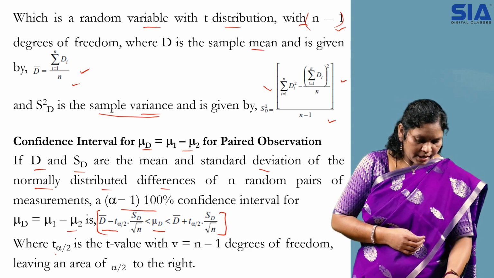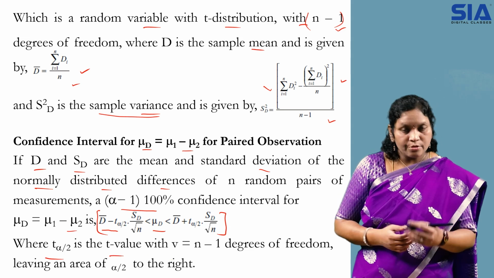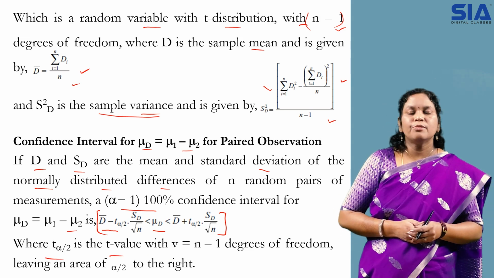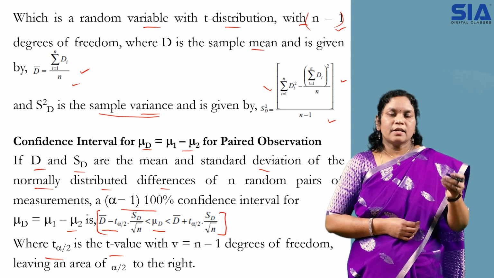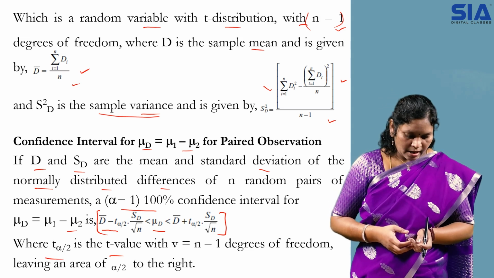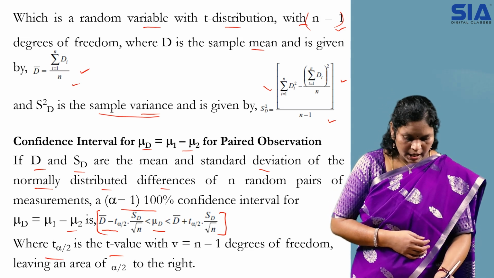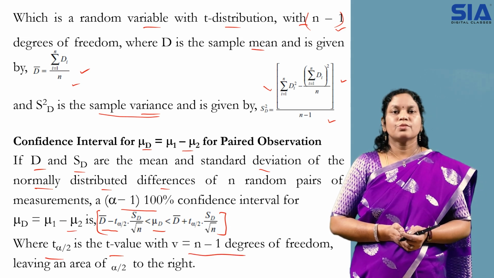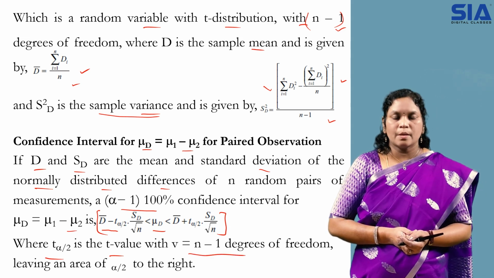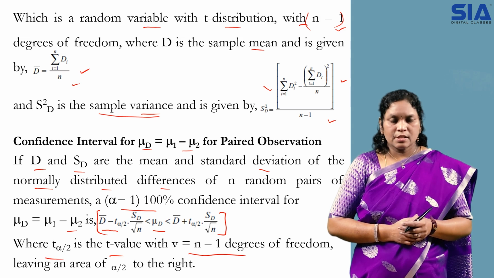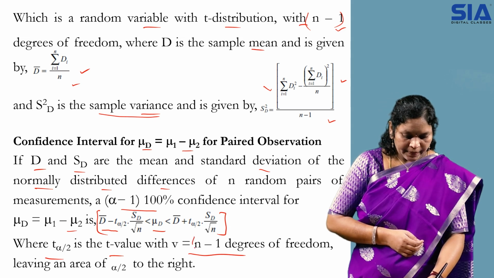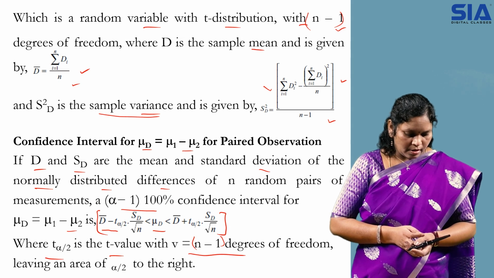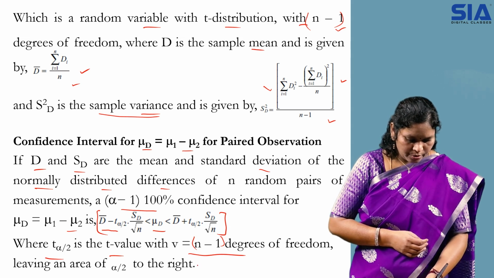Next, t alpha by 2 is the t value, that is our critical value based on the data we consider. So t alpha by 2 is a table value we can look up, with v equal to n minus 1 degrees of freedom. Yes, we have degrees of freedom also for the small sample test. The t-test is for small samples, so it has n minus 1 degrees of freedom, with area alpha by 2 on the right side.